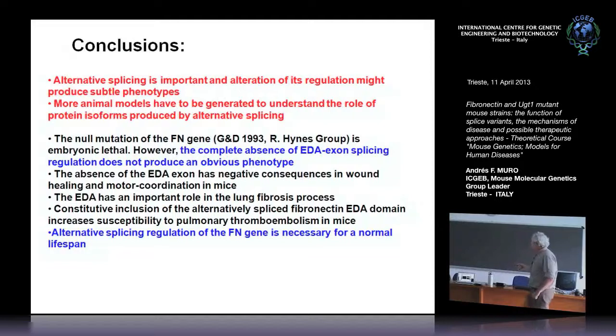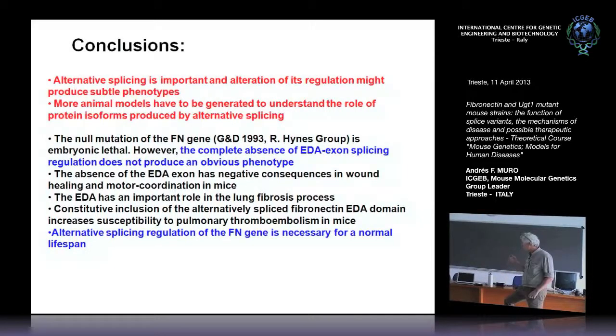We can say also that in most of the cases, we don't see any phenotype in the case of fibronectin unless we challenge the animal with very specific experiments, just to put the animal under stress and see if there were differences.